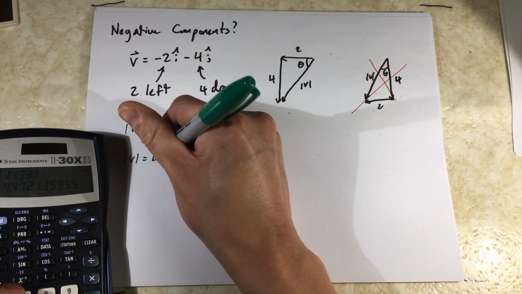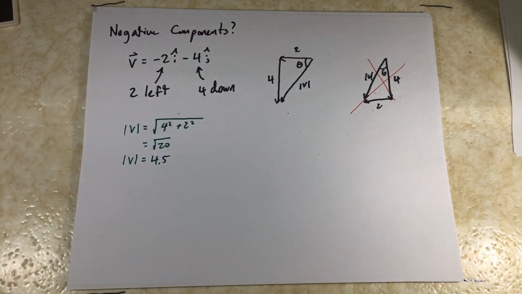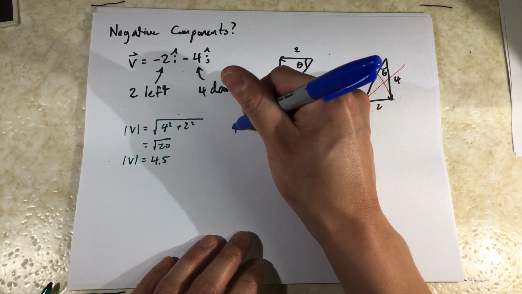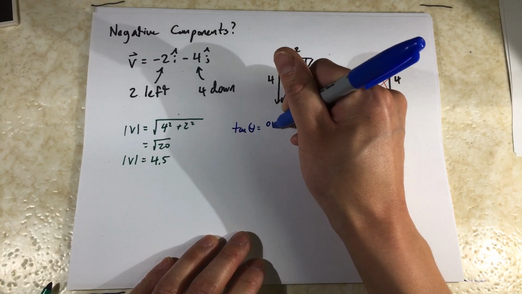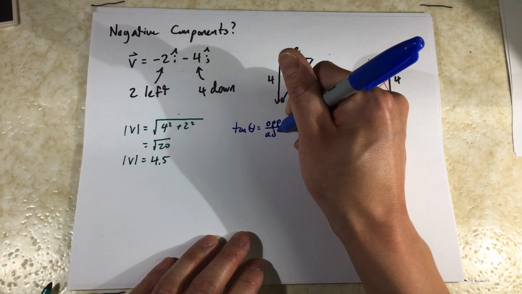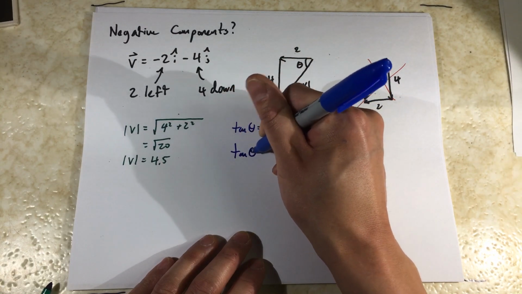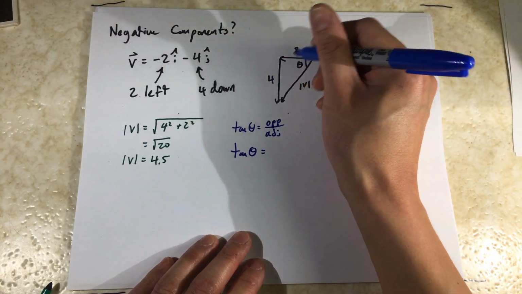Okay, and then we want to find the angle. So our tangent is opposite over adjacent. So tan theta is equal to 4 divided by 2.